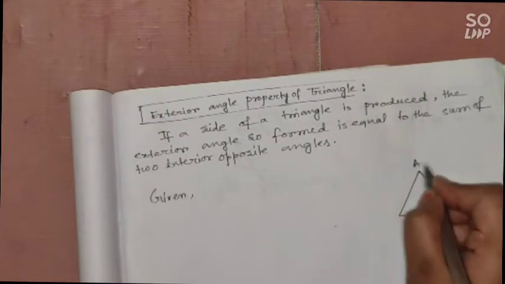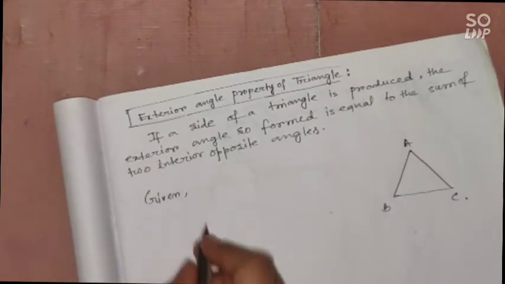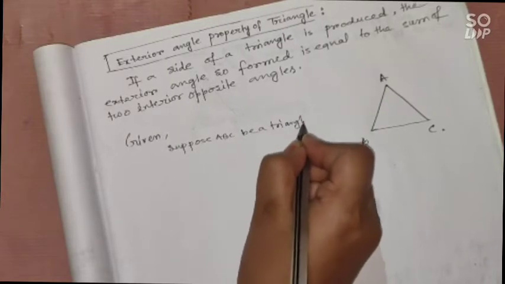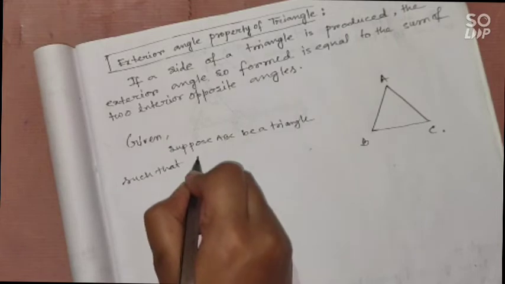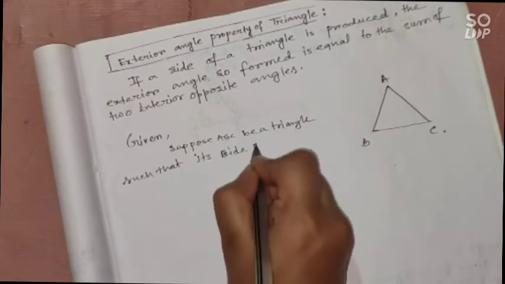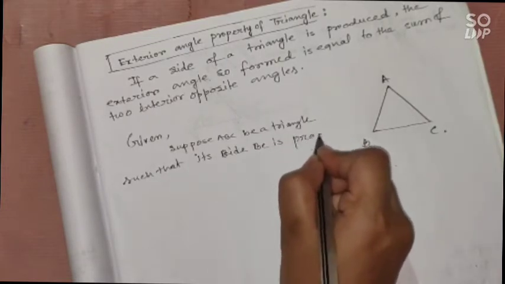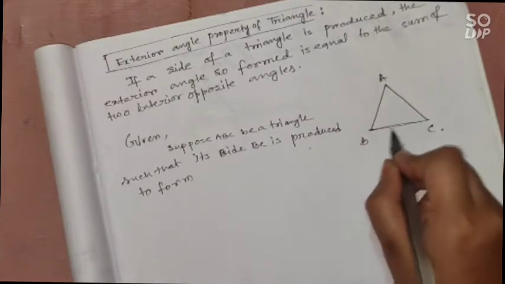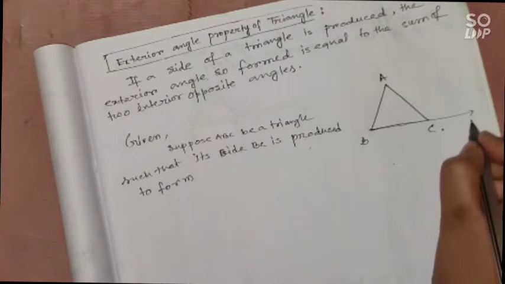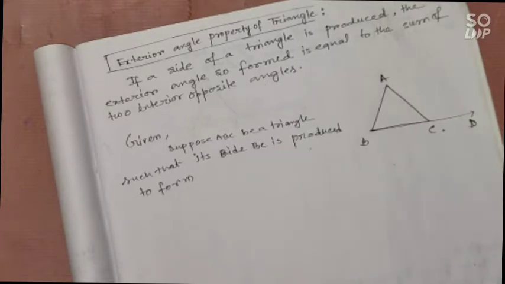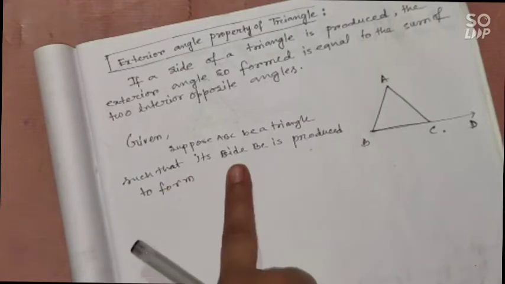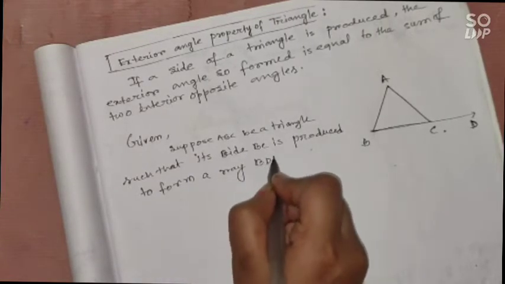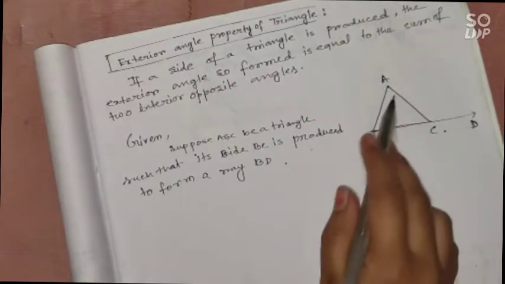Suppose ABC be a triangle such that its side BC is produced to form a ray BD.